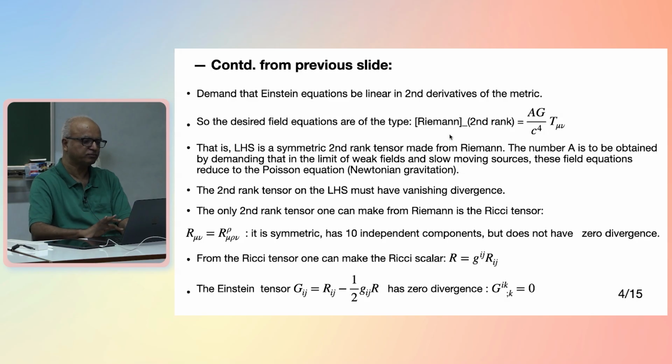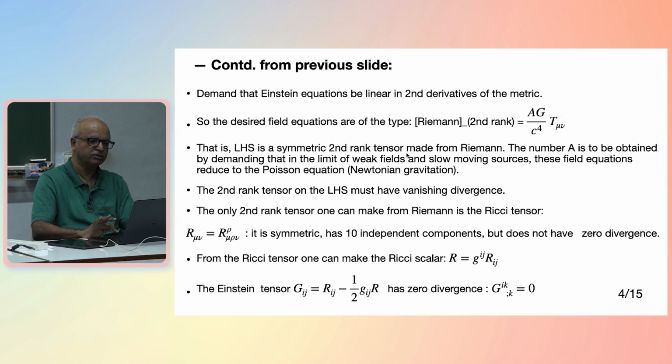Going further, the left hand side is a symmetric second rank tensor made from the Riemann tensor, symmetric because the right hand side is symmetric. The number A is to be obtained by demanding that in the limit of weak fields and slow moving sources, these field equations reduce to the Poisson equation for Newtonian gravitation. This should become Laplacian phi equals 4 pi G rho. The c^4 will cancel, but if you want to get 4 pi, you will have to put a suitable A here.